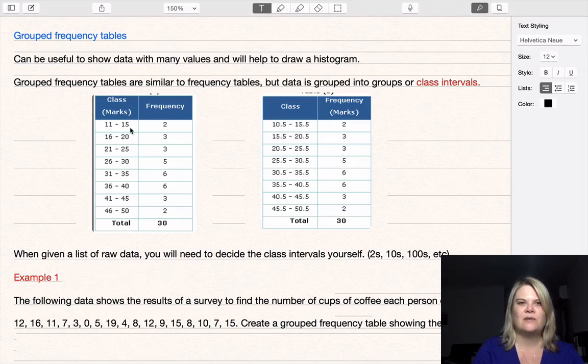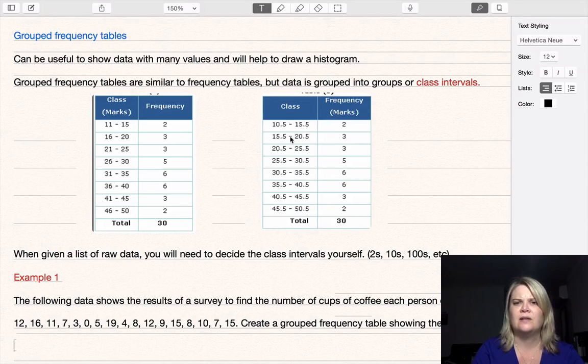So for example, if you had 15.5, it wouldn't really fit in here because this is 15.0 and this is 16.0, so it doesn't fit in either of these. So if you do have decimal points, you need to make sure you include them in your range. So this one goes from 10.5, to include 10.5 and more, all the way up to 15.5. And after that is 15.5 to 20.5.